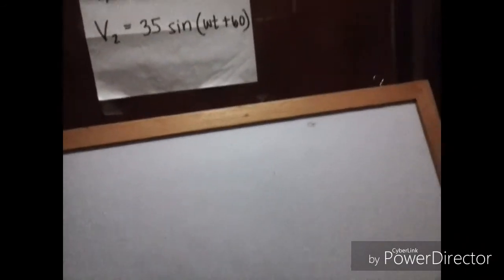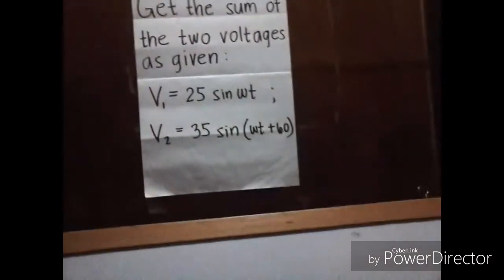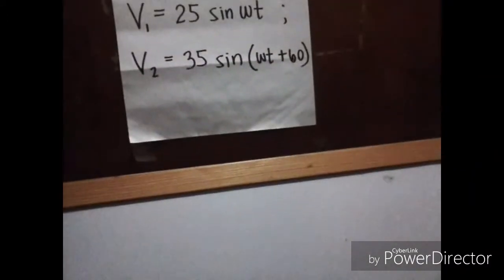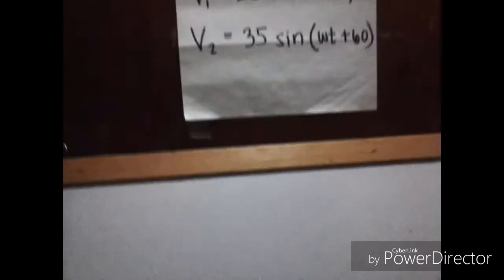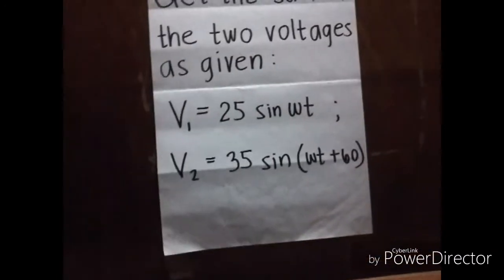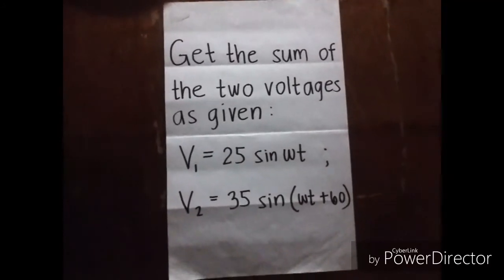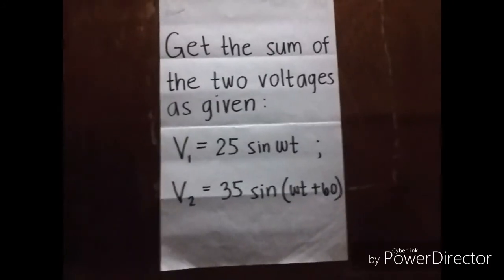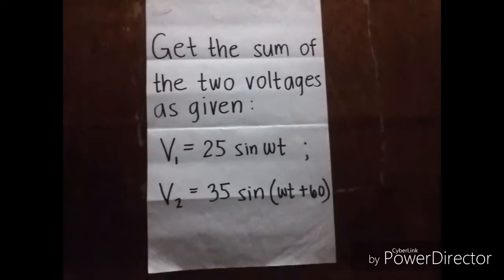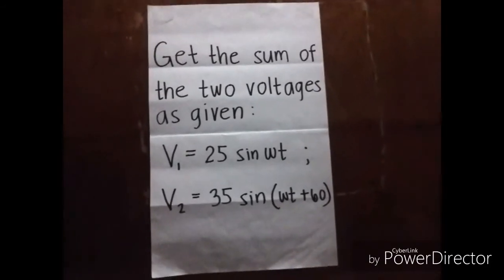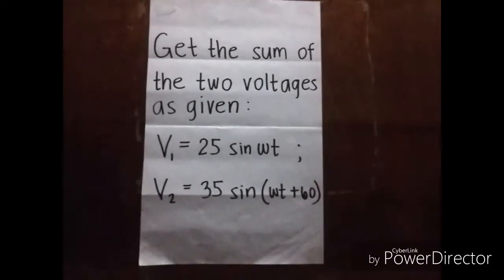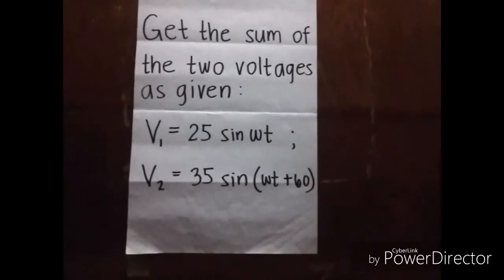Okay, another problem to practice on. You can get your calculator if you want. So we have here, get the sum of the voltages as given. V1 is equal to 25 sine omega t, and V2 equals 35 sine omega t plus 60.